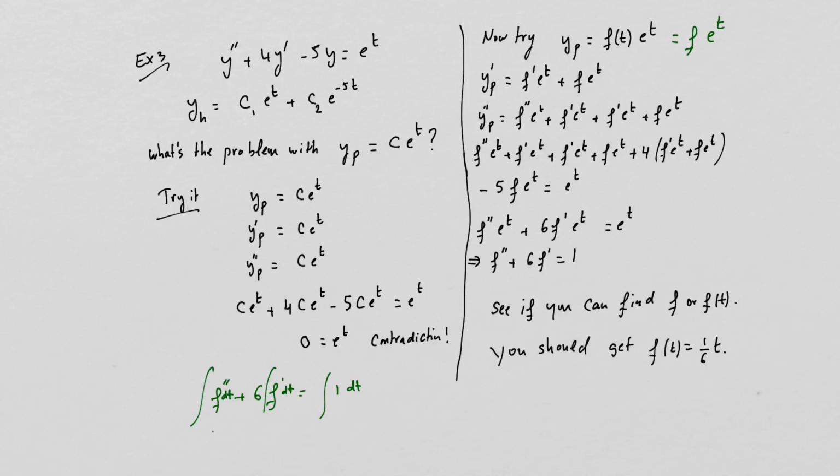And of course, this gives you f prime, and this gives you f, and this gives you some sort of t plus some constant. And you integrate one more time, right? And that's another way you could approach this problem. See where that takes you.